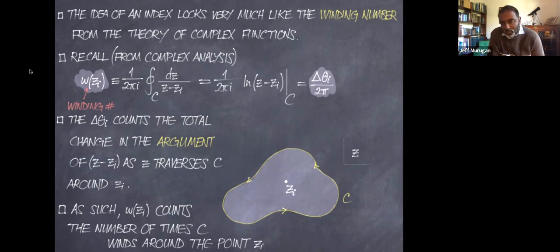So that's what we want to do. We want to use this idea of the winding number of the curve to generalize Cauchy's integral theorem to tell you how to calculate integrals over things like figure 8 curves. Okay? Any questions?